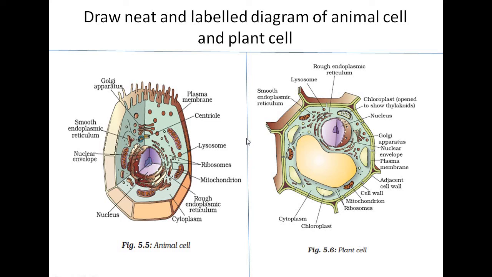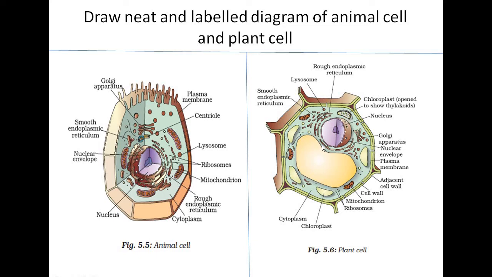Now, another thing is in the center. You can notice that in the center the animal cell has the nucleus. This is the nucleus of the cell. See. But in plant cell, the nucleus is not given in the center. It is given peripherally.